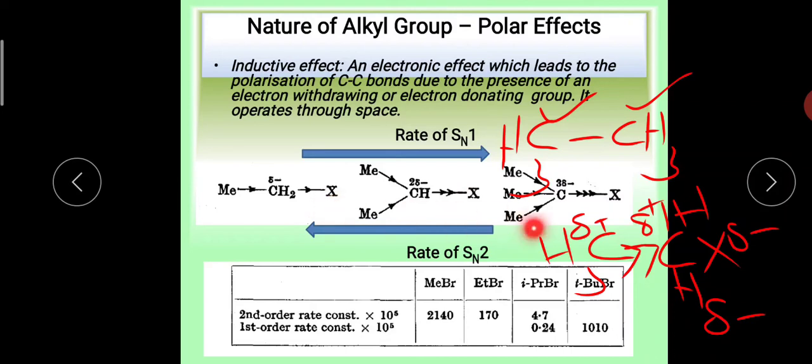So this is the prediction based on the nature of the groups attached to your reacting center, and this was further proved by Hughes and Ingold experimentally.